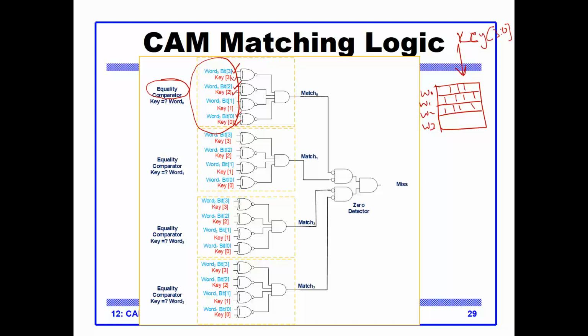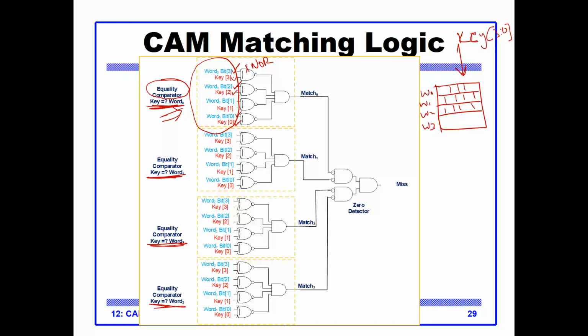Here I am matching the key with word 0, here with word 1, here with word 2, and here with word 3. Basically, I'm using the equality comparator: XNOR gates followed by an AND gate.